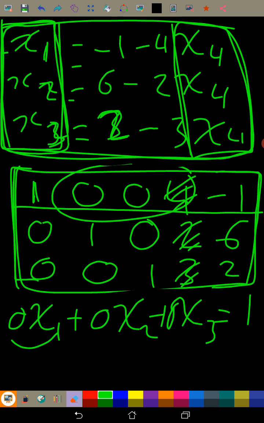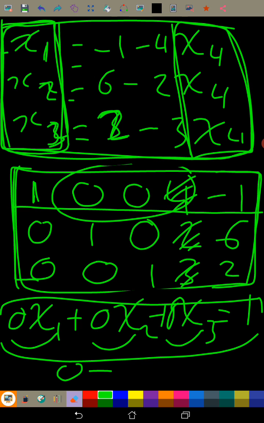So we have 0, 0, 0 equal to 1. There is no solution for such an equation. 0 is equal to 1? It's nothing. There's no solution.